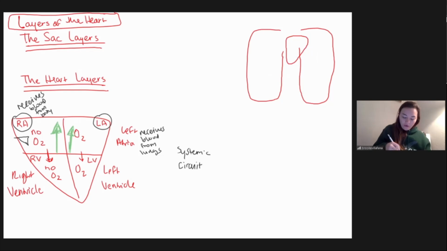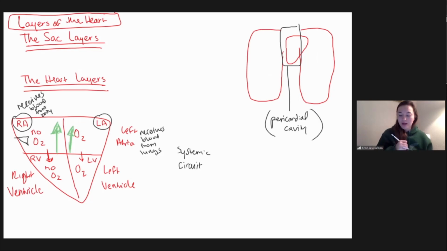So overall, you can say that this space here is our pericardial cavity, and it sits in between the lungs. I don't believe that it's 100% in between the lungs, but it does occupy the space in between the lungs. So yes, that would be an accurate answer to the question in your cardiovascular packet that asks what is the name for the space in between the lungs? And yes, you can say pericardial cavity. Good question.